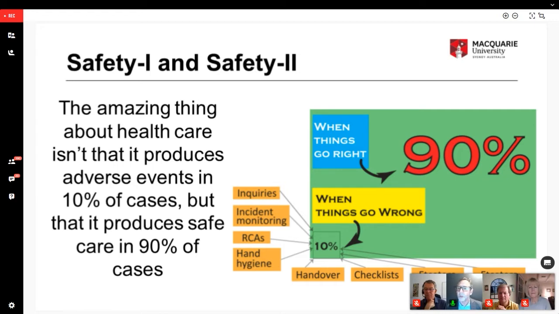That is remarkable. So that takes us to the work that's done about when things go wrong. And there's lots of that work: inquiries, incident monitoring, RCAs. But when things go right is the full picture and the most common picture of healthcare. And we had decided all those years ago, when we embarked on safety 2 and resilience engineering applied to healthcare, to understand that and do more work on when things go right.